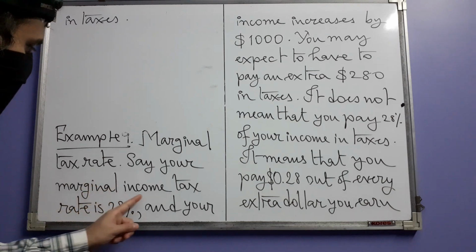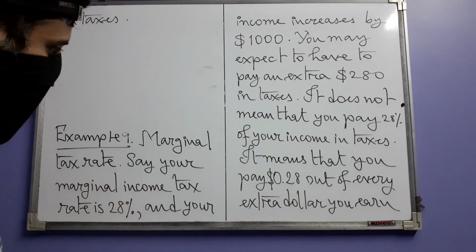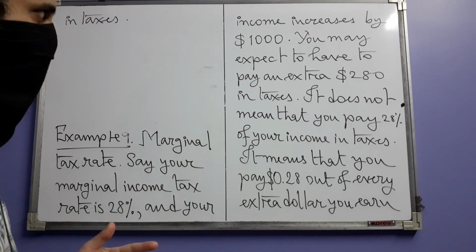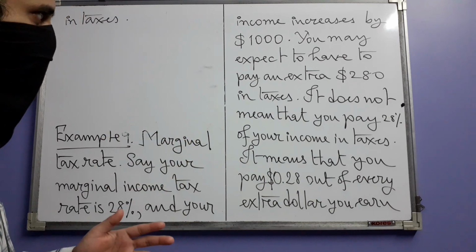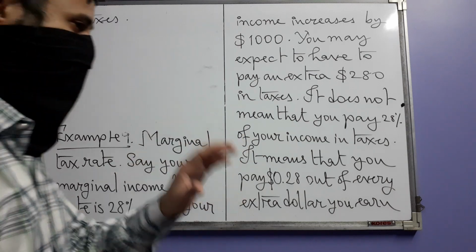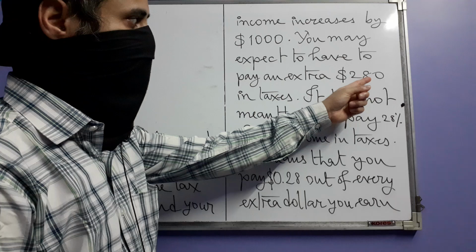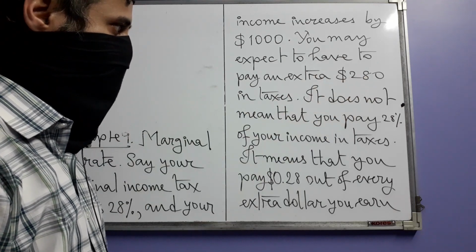Your marginal income tax rate is 28% and your income increases for some reason by $1,000. Then you have to pay whatever you were already paying as taxes. On top of that, you have to pay an extra $280 in taxes.